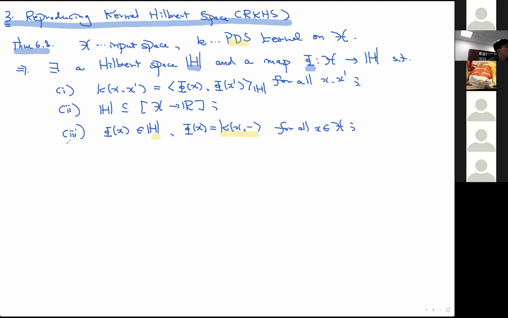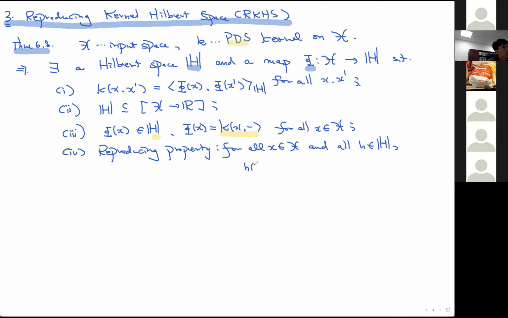The fourth one is called the reproducing property. What this tells us is that for x and for h in H, because h is a function, we can apply the function.